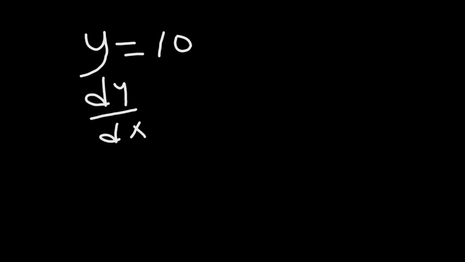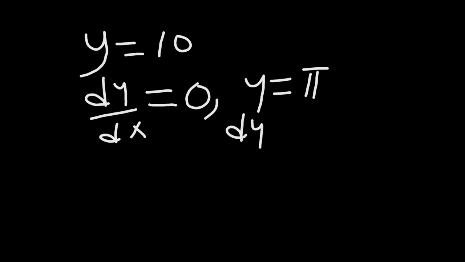For instance, let's say we have a function y is equal to 10. Then my dy/ds will be equal to 0. Another function, y is equal to pi. My dy/ds, pi is a constant, will be what? 0.